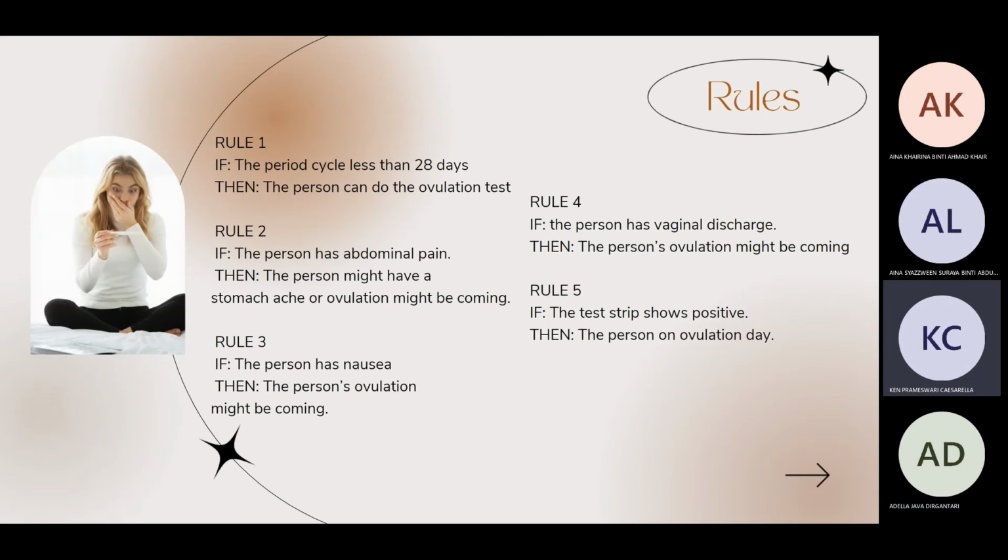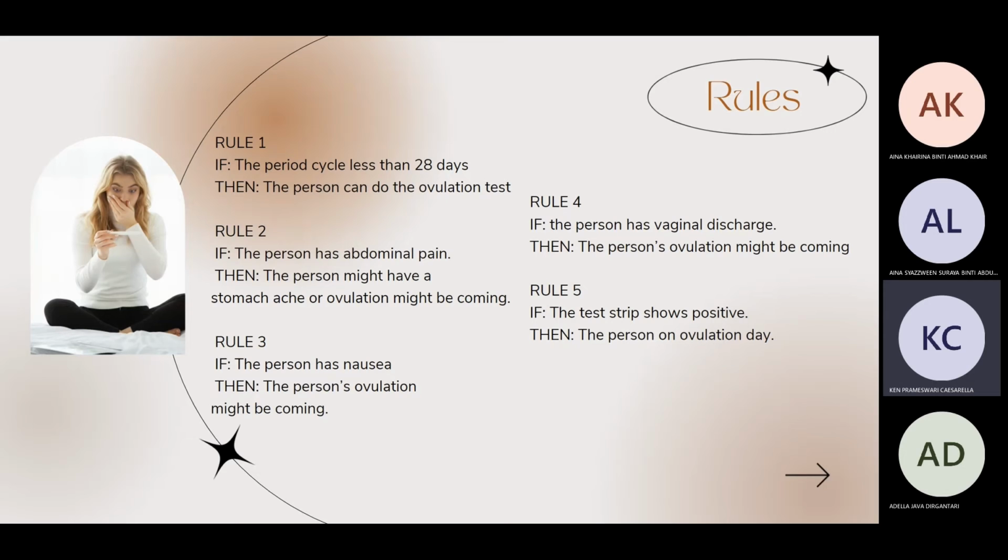For the rules, we have 5 rules. First, if the period cycle is less than 28 days, then the person can do the ovulation test. For rule 2, if the person has abdominal pain, then the person might have stomatitis or ovulation might be coming. For rule 3, if the person has nausea, then the person's ovulation might be coming.